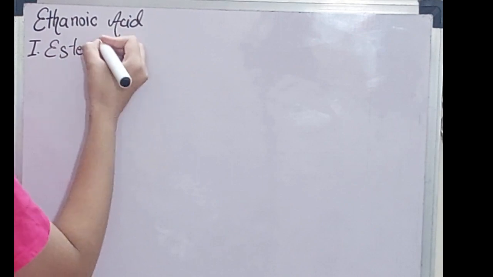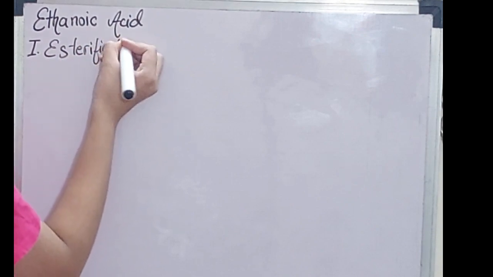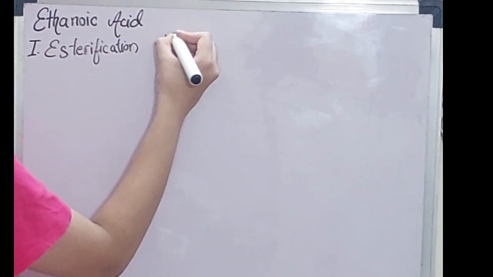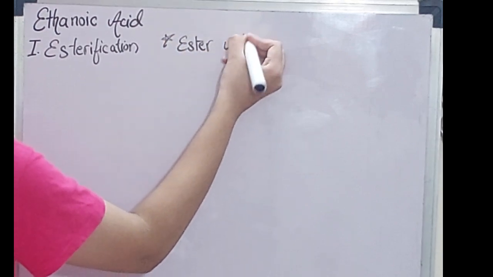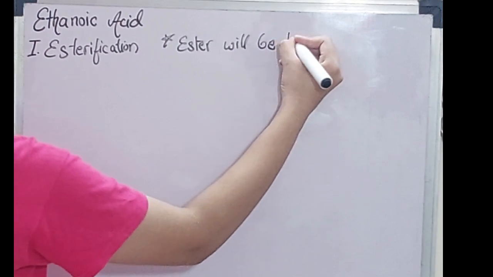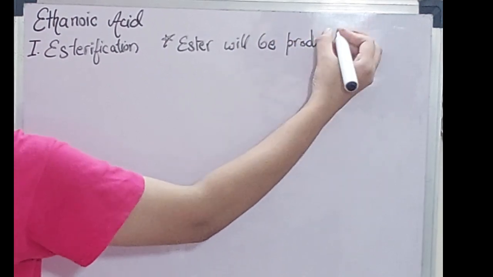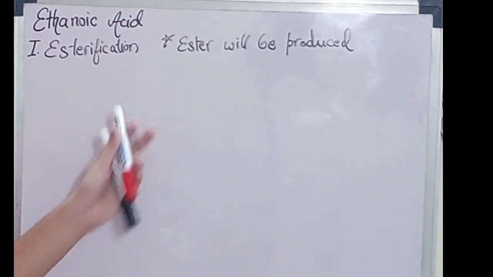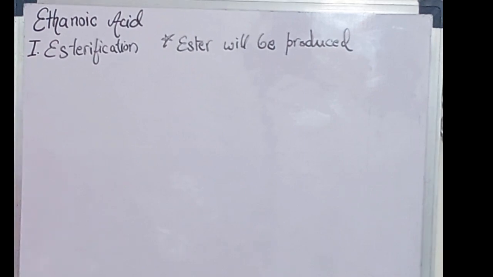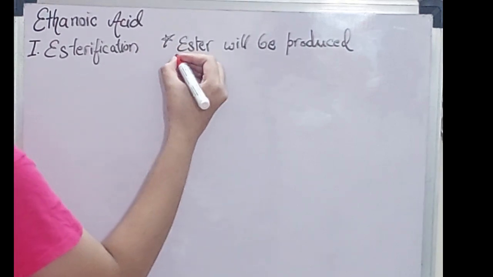Okay, so the first is esterification. In this, ester will be produced. Now, I think you all must be very curious to know what this ester is, because we have not heard about it.